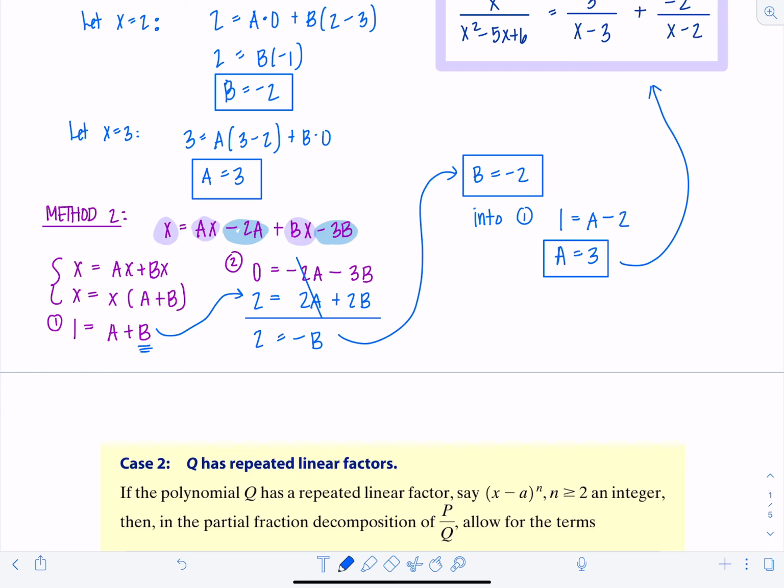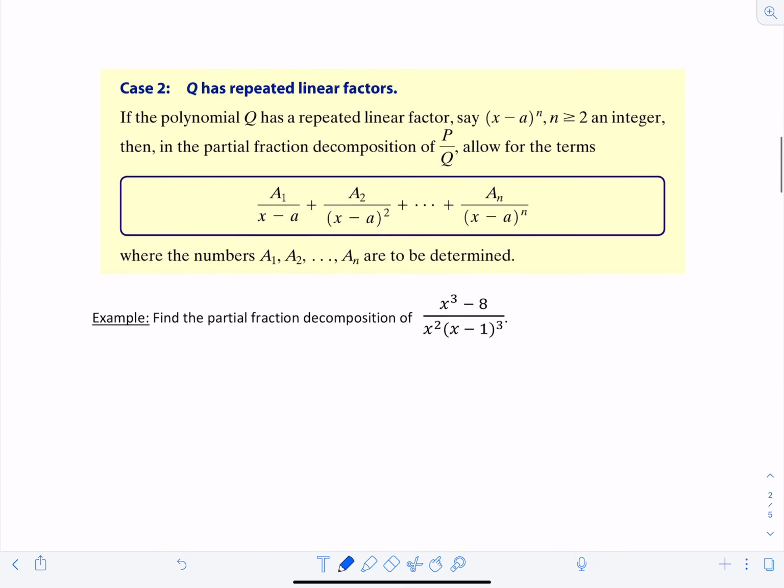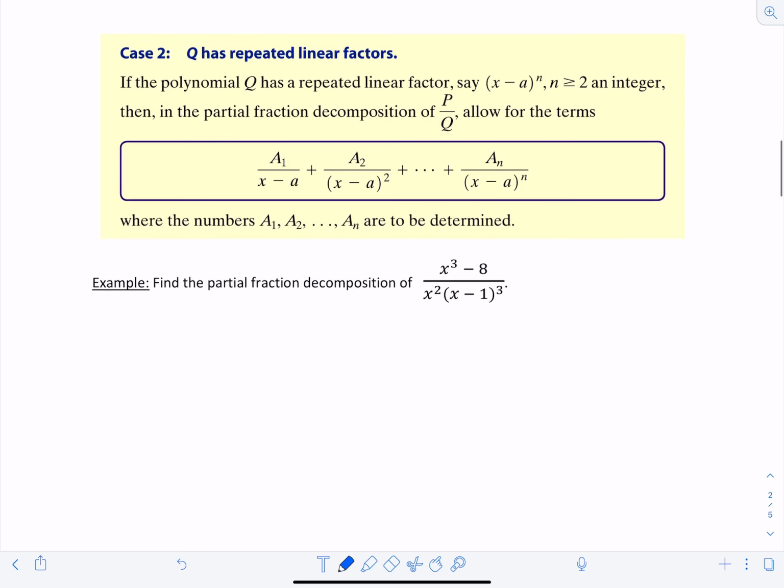Now, case 2. Q, the denominator, has repeated linear factors. So if the polynomial q in the denominator has a repeated linear factor, so you have x minus a raised to the n, and n is greater than or equal to 2, then the partial fraction has to have the following format.